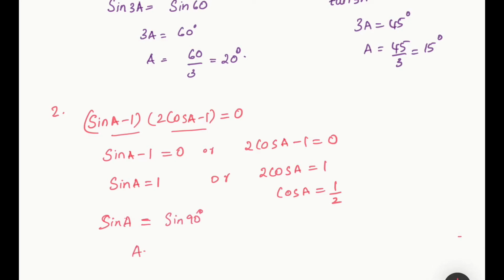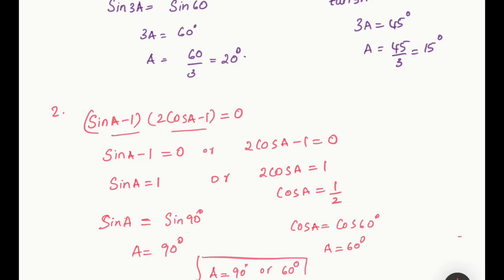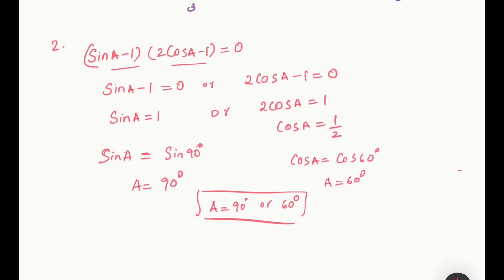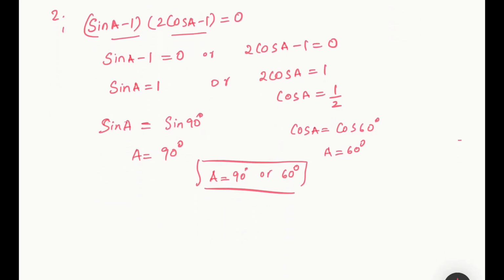So I get A is equal to 90 degree. Similarly here, for which value of cos do you get the answer 1 by 2? It is cos 60, right? Cos A equals cos 60. So A equals 60 degree. So your answer will be either A is equal to 90 degree or 60 degree. This is how you find out the answer. Okay, this is the first sub question given.